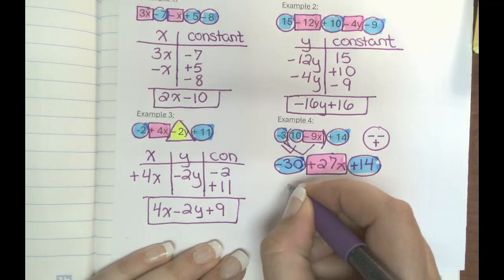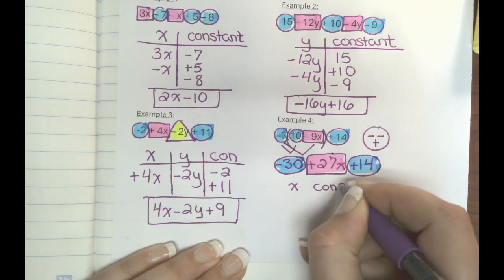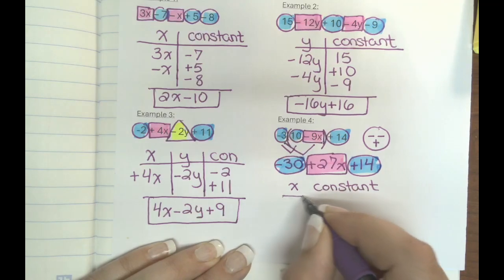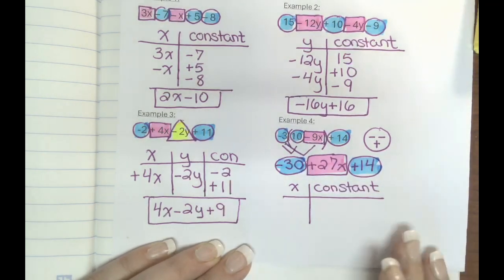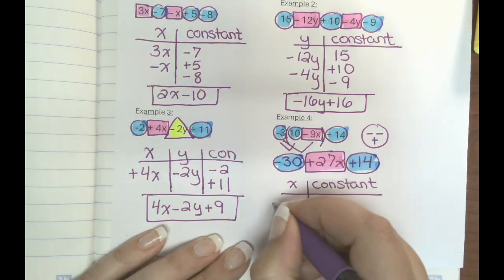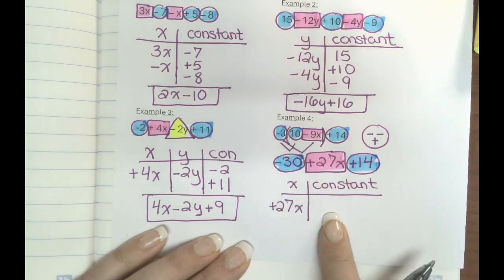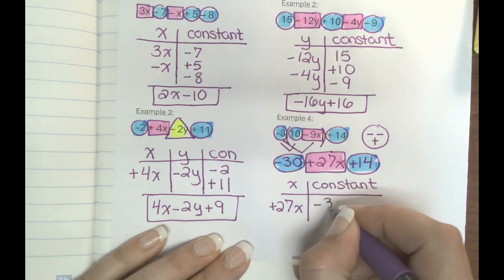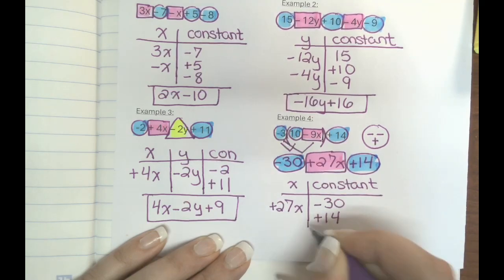So I have my x family again, and I have my constant family. There is only one term in my x family, that is my positive 27x. In my constant family, I have negative 30, and I have positive 14.